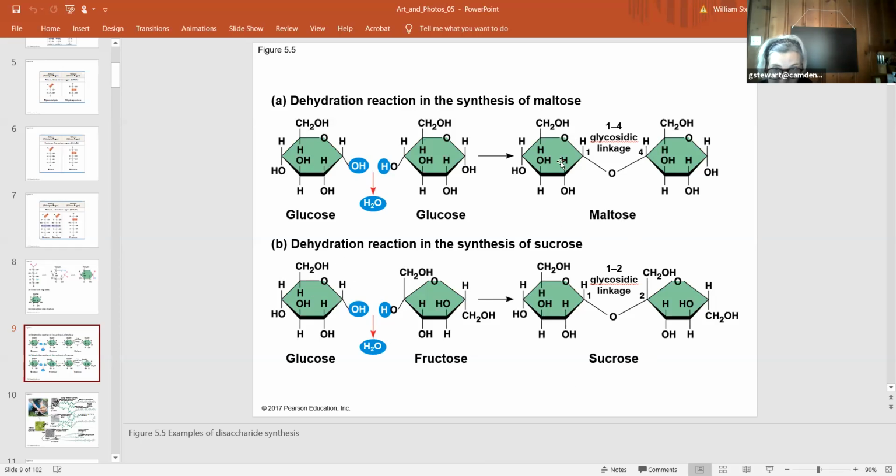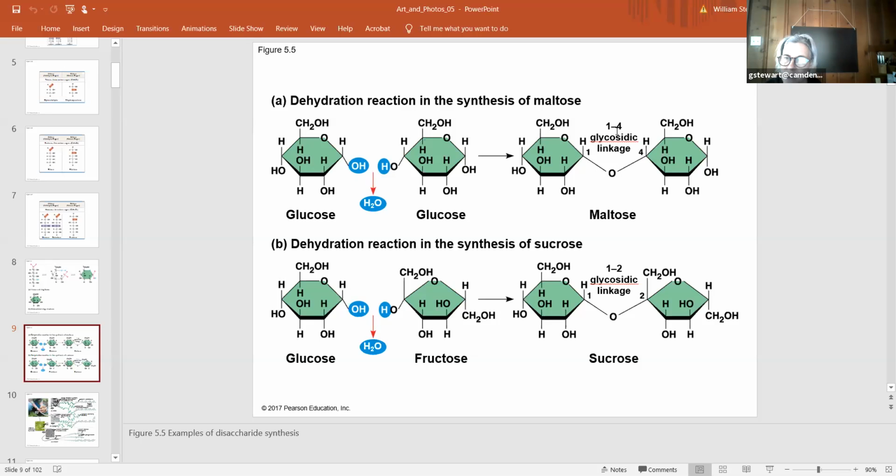This would be a disaccharide because there's 2 monosaccharides. And notice there's a dehydration synthesis, water's coming out, and usually what I tell students for the visual clue for a polymer of carbohydrates is you're looking for rings containing just carbon, oxygen, and hydrogen, and those rings are holding hands with an oxygen.